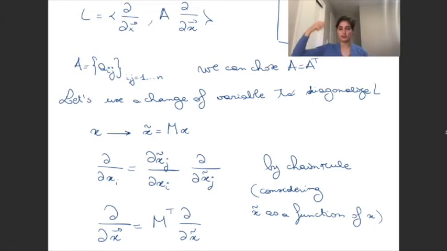So you're really making a sum, checking every single x tilde, taking the derivative with respect to xi, and keeping delta over delta x tilde j. We can use this chain rule by considering x tilde as a function of x. And if you are careful with all the indices, this means that the vector delta over delta x1, delta over delta x2, and so forth, which I'm just going to notate as delta over delta x vector, is equal to m transpose delta over delta x tilde, where that is also a vector itself.